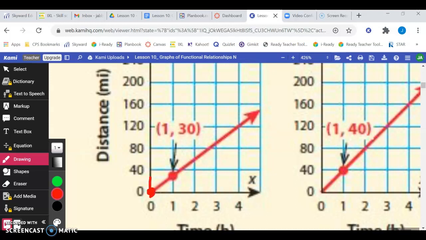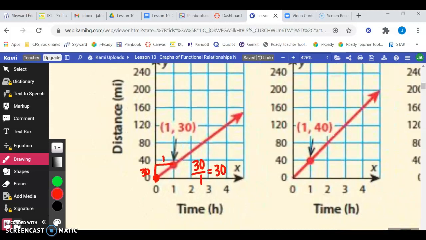I'm going to do rise over run. My y value is 30 in that second point, and I'm starting at 0. So I'm going up 30, and then I'm starting at 0 and going to 1. So up 30 over 1 would simplify down to 30. So the slope of that line is 30.